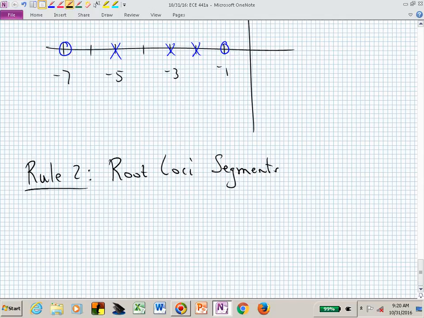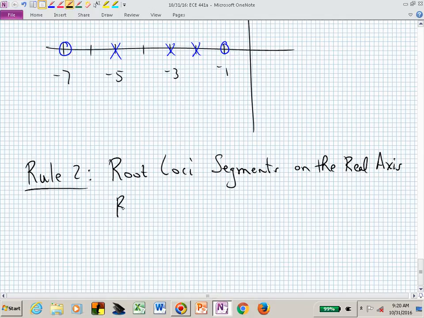Root loci segments on the real axis, and sometimes I might say this as the real axis segments on the root locus. You see how confusing I can make it? But it's the same thing. So maybe I like the second one. The real axis segments on the root locus.